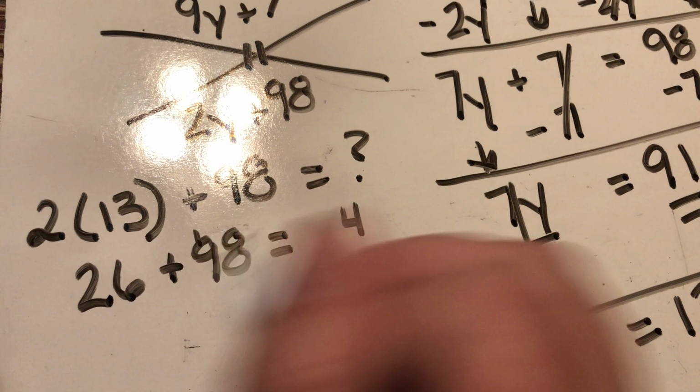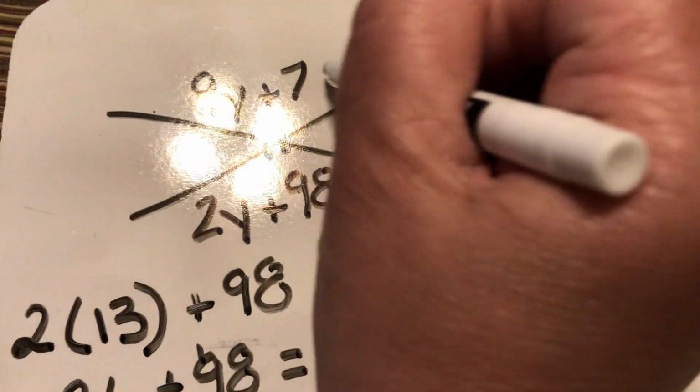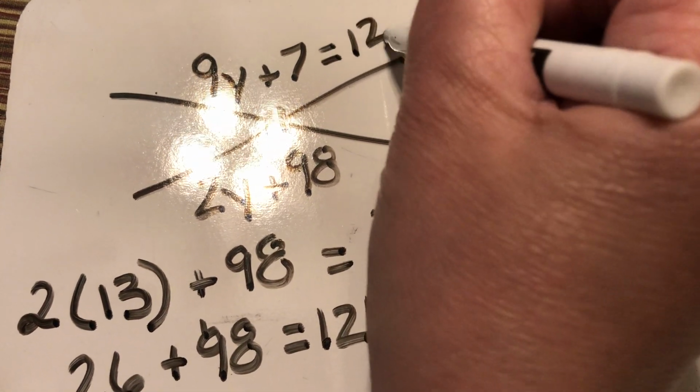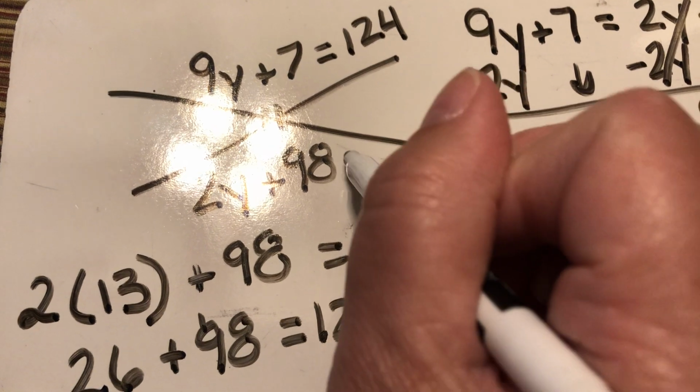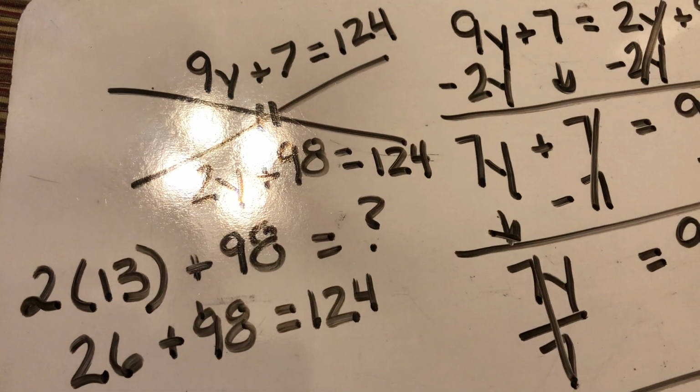Carry the 1. I have 10 plus 2 is 12. So 9y plus 7 should equal 124. And 2y plus 98 does equal 124.